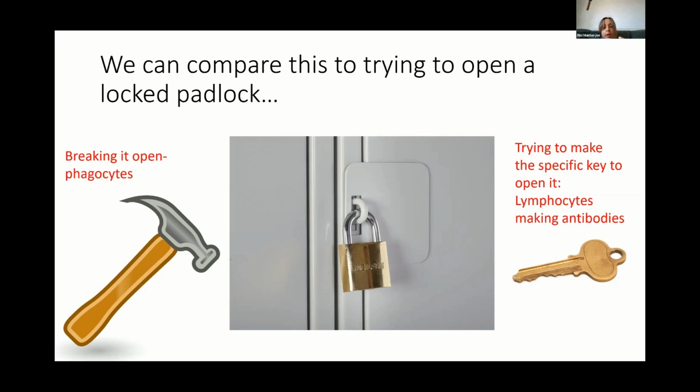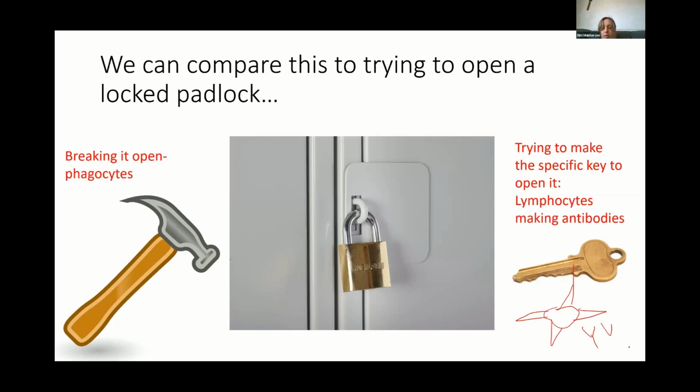So lymphocytes work by going one step deeper, not just destroying the virus like phagocytes, but closely looking at the shape of the antigen. And then in response to that particular shape, they make the key.